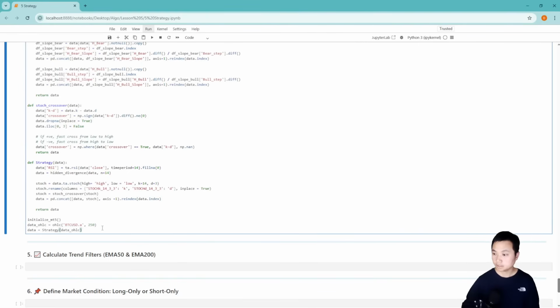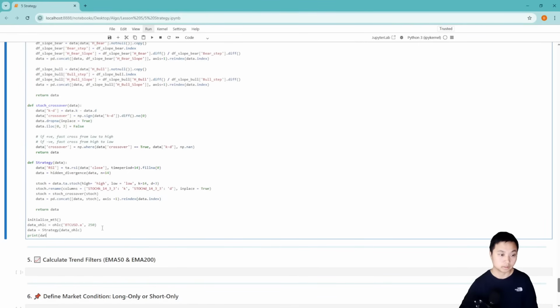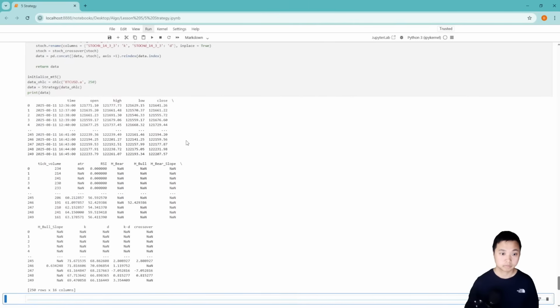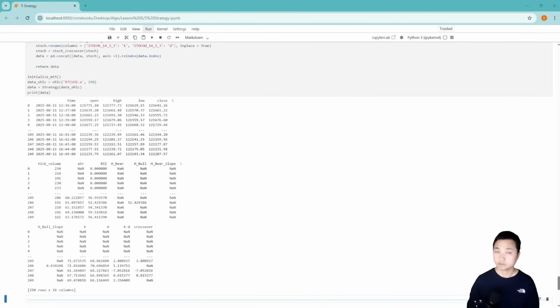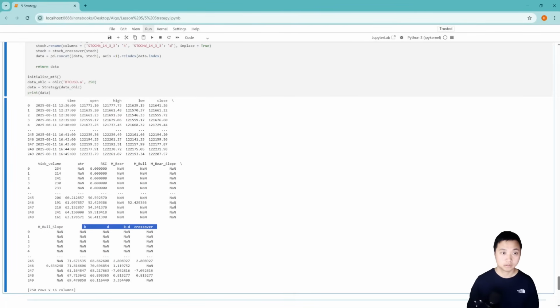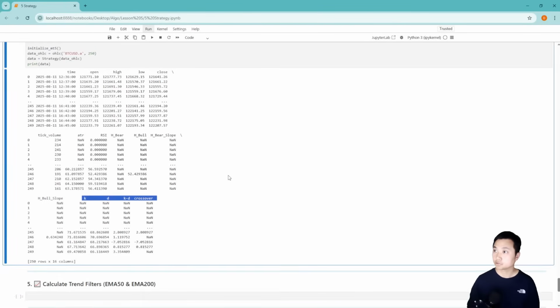Now let's run it and print the data. Excellent. We just concatenated the stochastic crossover data back to the main data frame, the main data table.